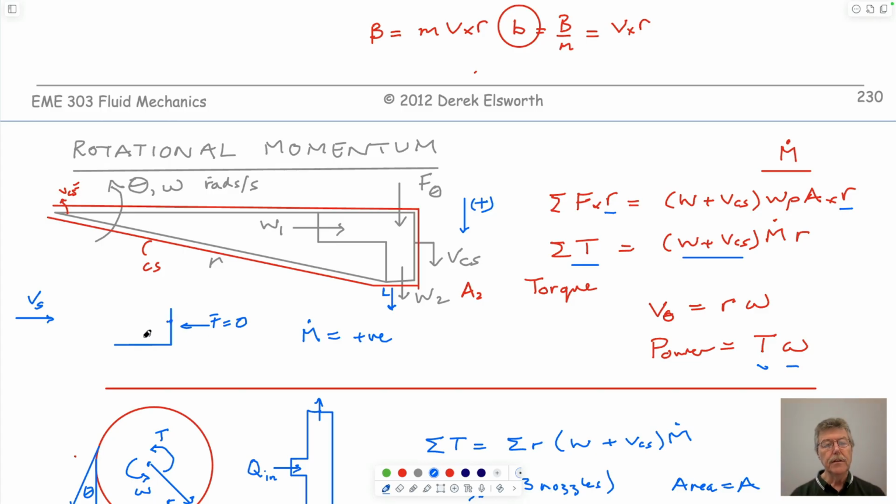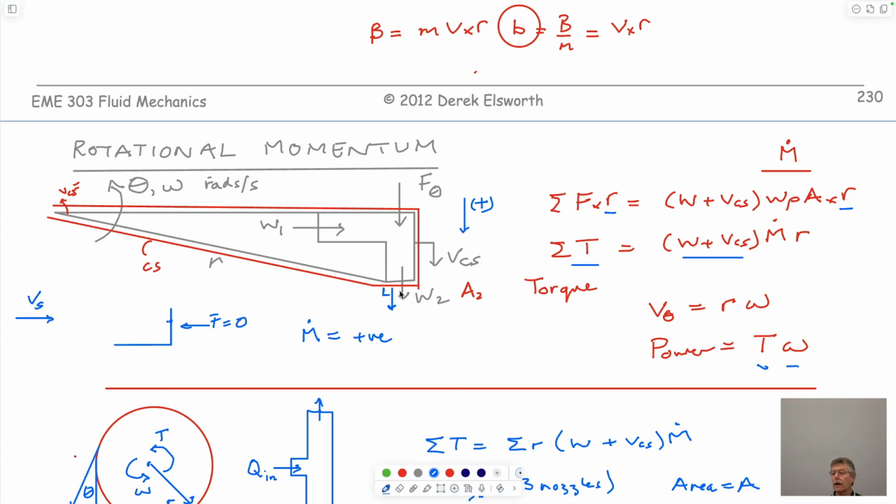And so the maximum velocity of this vane has to be the static velocity that's coming into it. The corollary for this, if you did the calculation, is that if you allow this thing to rotate at the velocity with no torque on it, then a bead of water would come out at 0 velocity out of the system, because it's moving in this direction as fast as the water's coming out. So the bead of water would just drop to the ground. It'd be 0. So that would be the other component.